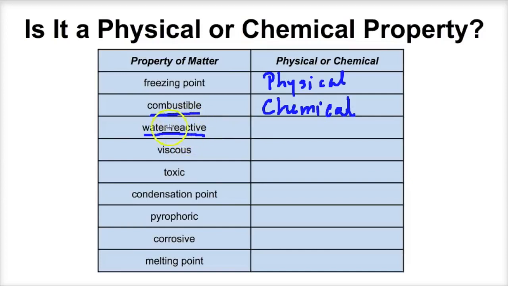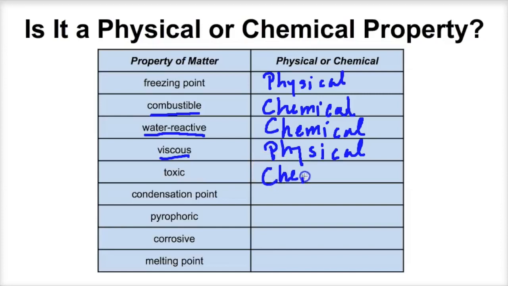If we said that sodium metal is water reactive, which it is, when you throw it in water, there's a very violent reaction. It's a chemical change that's taken place. So that water reactivity would be a chemical property of, say, sodium. If we said something is viscous, that refers to a fluid's ability to flow, so that's going to be a physical property. If we said that a substance was toxic, that also would be a chemical property.